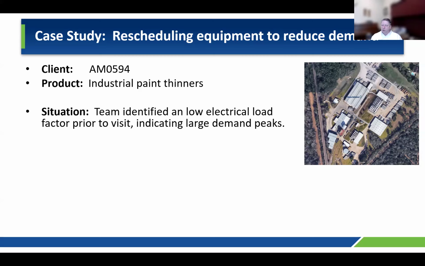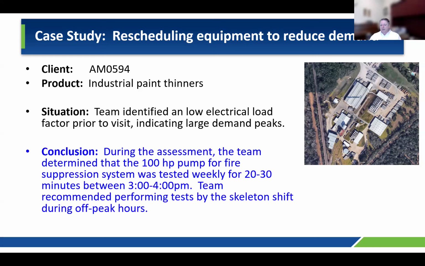They had an extremely large fire suppression system, including a 100 horsepower pump. Now, they were required to test this weekly, and they were testing it at 3 to 4 p.m., when everything else in the facility was also at its peak load.